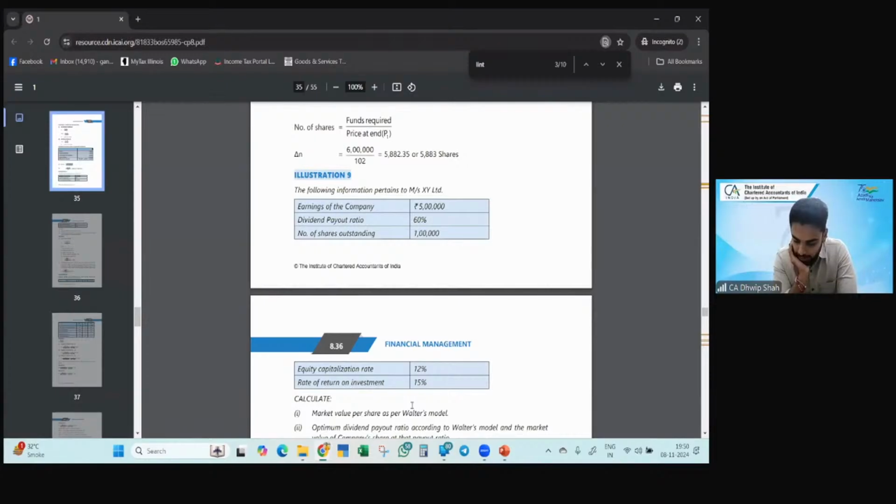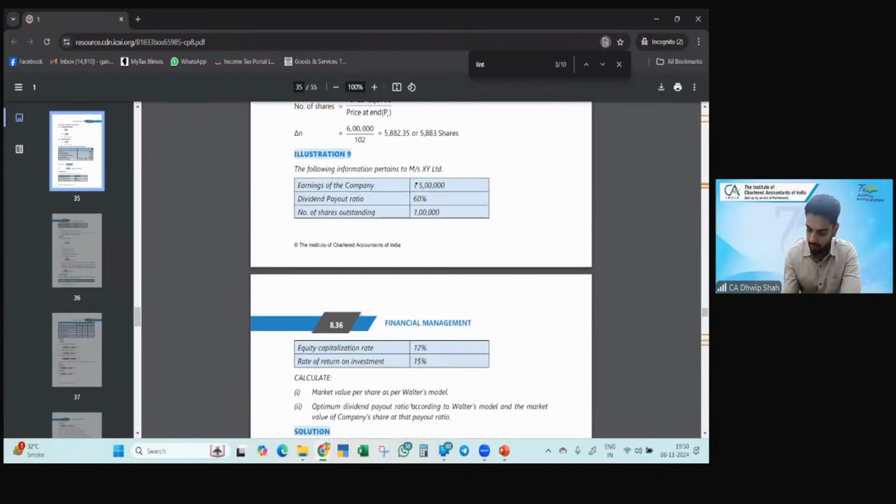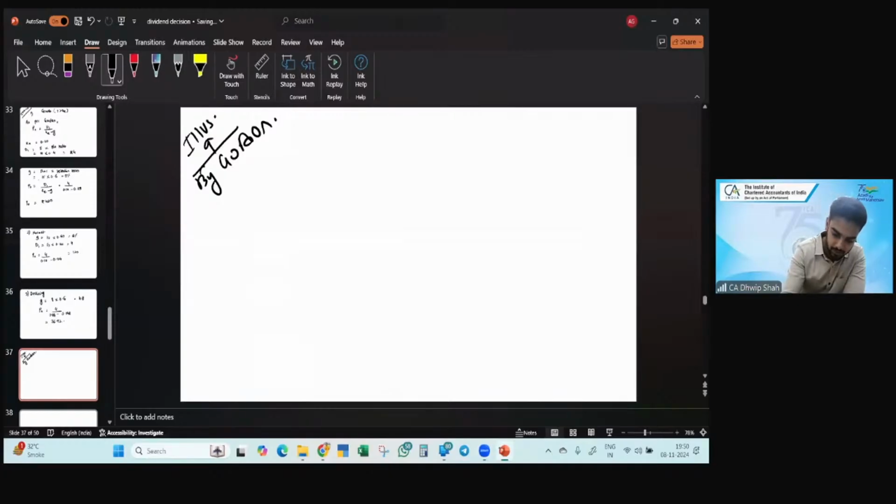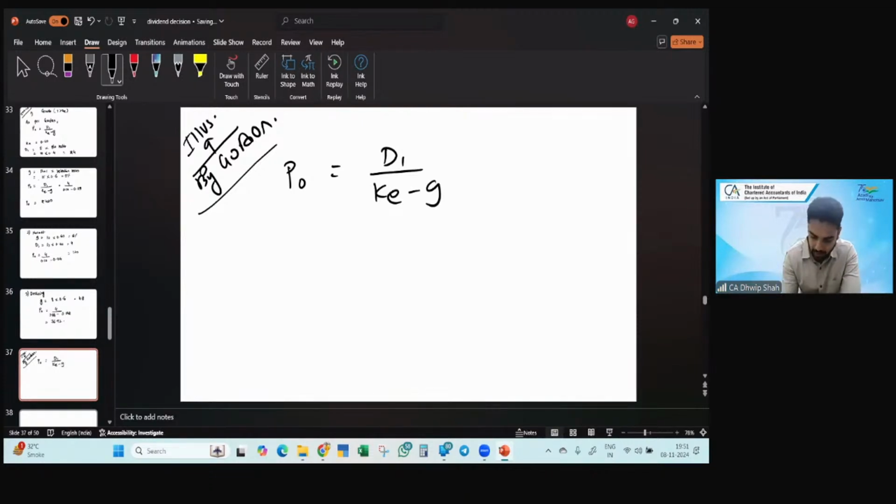Earnings, payout, number of shares, KE, ROI. So I'm reversing now. Illustration 9 was Walter, and I'm solving by Gordon. P0 is equal to D1 upon KE minus G. Expected dividend is nothing but earnings into payout ratio.